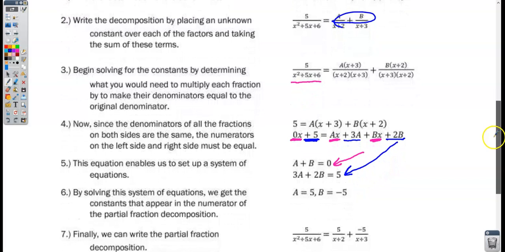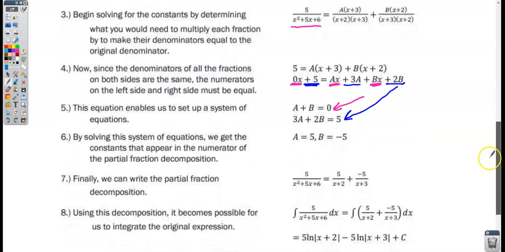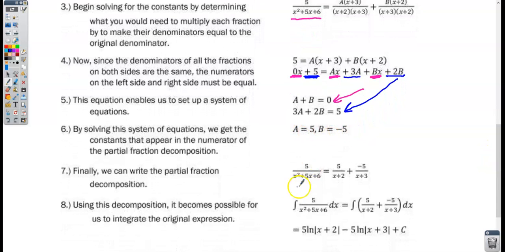So we solve that system, we get a equals 5, b equals negative 5. That enables us to write our original fraction as this instead. And so when I want to integrate the 5 over the quantity x squared plus 5x plus 6, we're going to replace that integrand with its partial fraction decomposition, which we see right here.